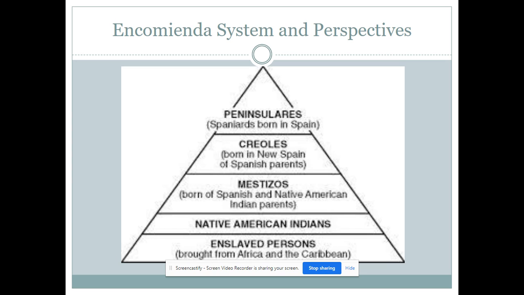Now, this is obviously very forced. It's very damaging, and as you'll see, others like Las Casas will actually speak out against this. But it does bleed into some assimilation as far as mestizos, people actually forming unions and creating this more segmented society.